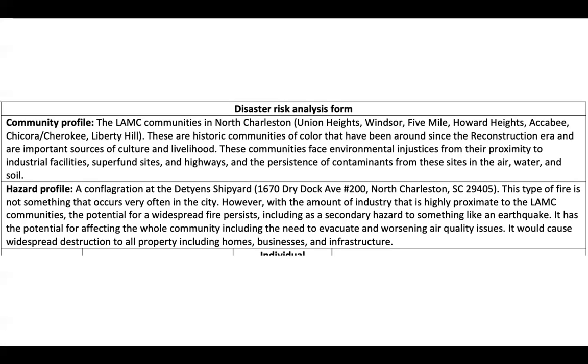However, with the amount of industry that is highly proximate to the Lamsey communities, the potential for a widespread fire persists, including as a secondary hazard to something like an earthquake. It has the potential for affecting the whole community, including the need to evacuate and worsening air quality issues. It would cause widespread destruction to all property, including homes, businesses, and infrastructure.